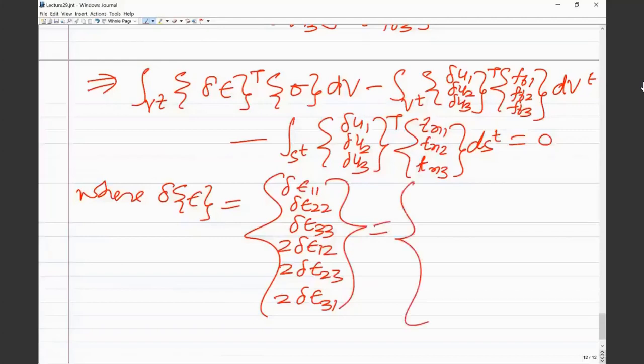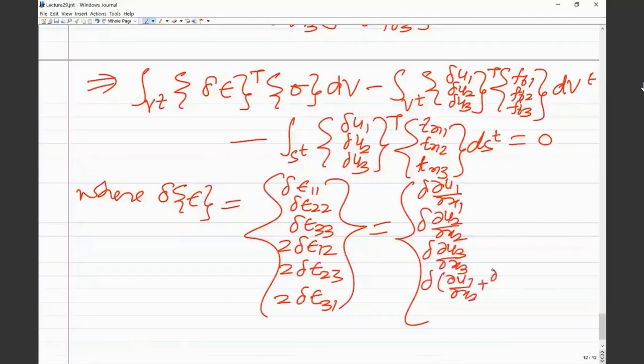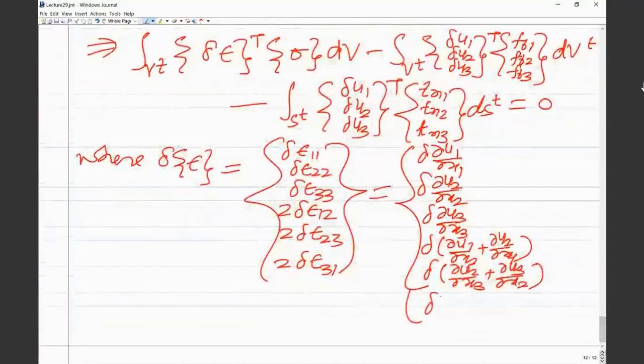In terms of displacements, this is delta of del u1 upon del x1, delta of del u2 upon del x2, delta of del u3 upon del x3, then delta of del u1 upon del x2 plus del u2 upon del x1, delta of del u2 upon del x3 plus del u3 upon del x2, and the last term is delta of del u1 upon del x3 plus del u3 upon del x1.